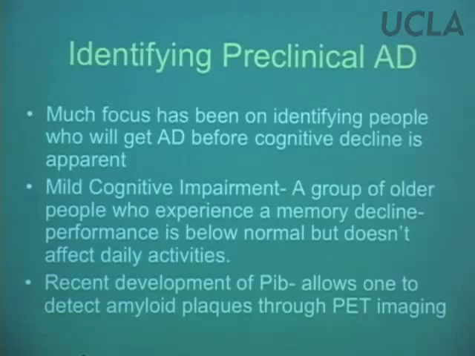You could see in the future, certainly, that doing a PET scan has some risk. It has some radiation. So you probably wouldn't want to do this for everyone, but I could see how you might want to do it for people who are a little worried that something is going on. At this point, we don't have good treatments for Alzheimer's disease. However, we're hoping that in a few years we will have treatments that will break up amyloid plaques.